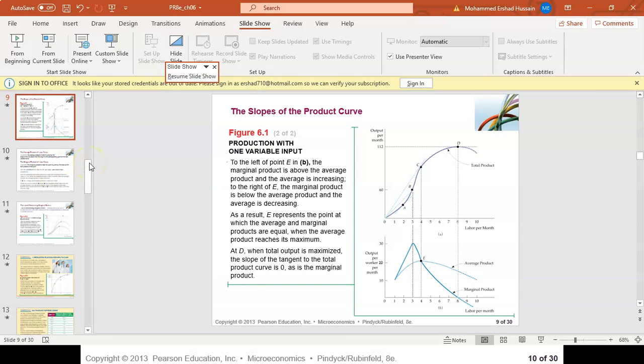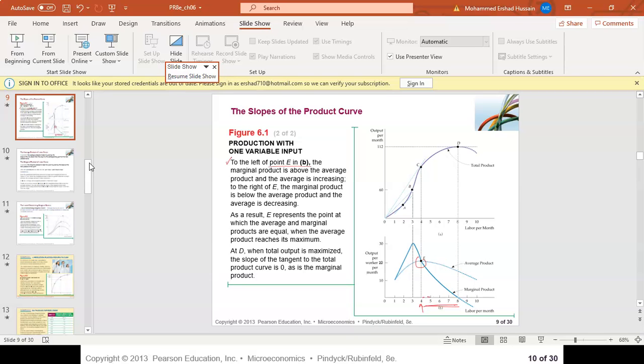Let us see. To the left of point E in section B here, what is happening? You see that the marginal product curve, the dark blue line, is below the average product line, which is the light blue line. So from here on this side, what do we have?